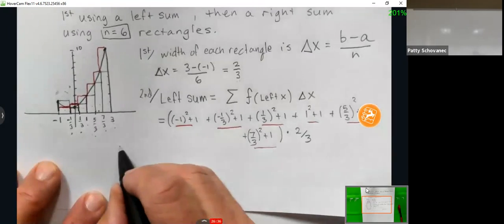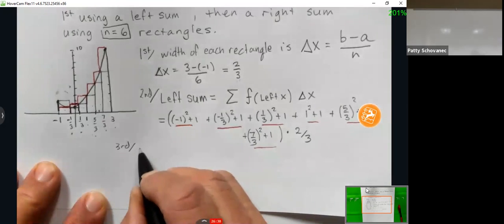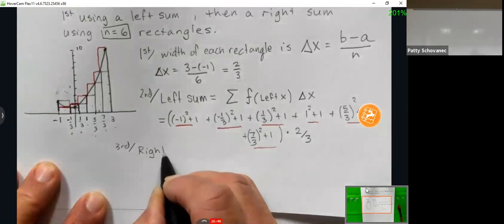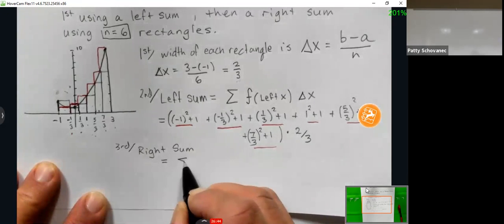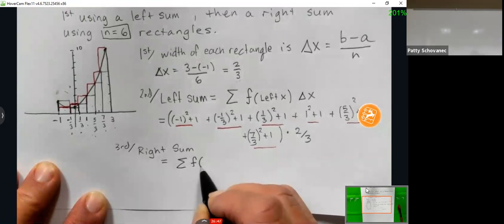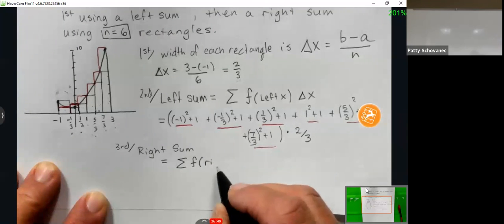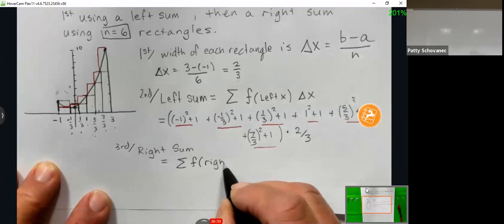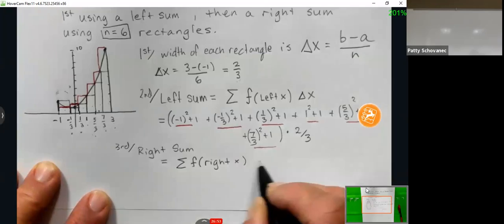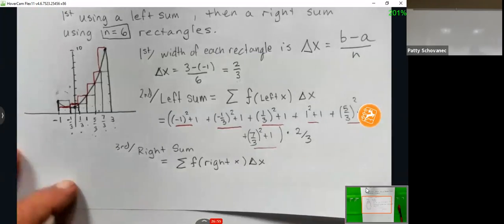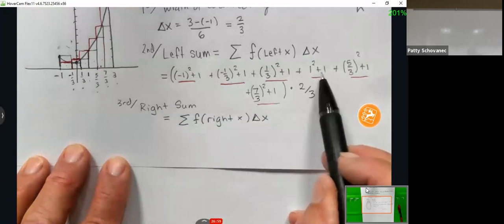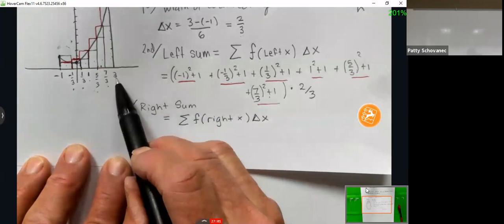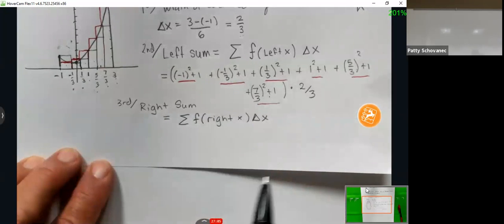And so our right sum is going to be the sum of the value of f at each right endpoint that I have put the red dot underneath, times the delta x. So it's going to be all of these, and then the last one's going to have plus 3 squared plus 1. But let's write it out.